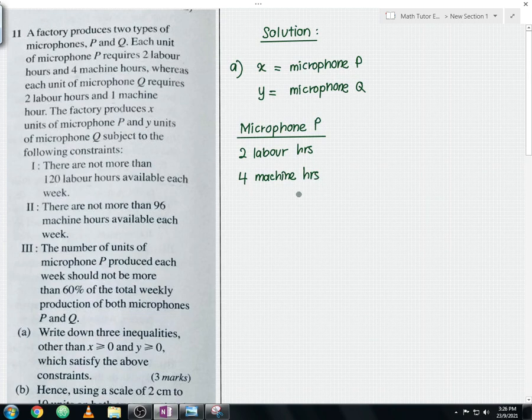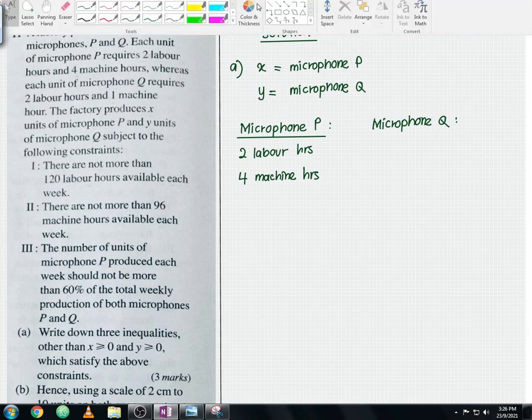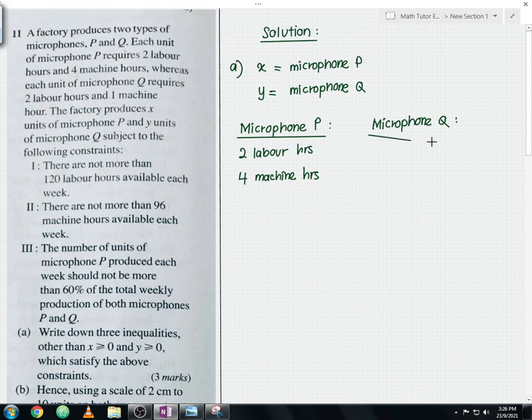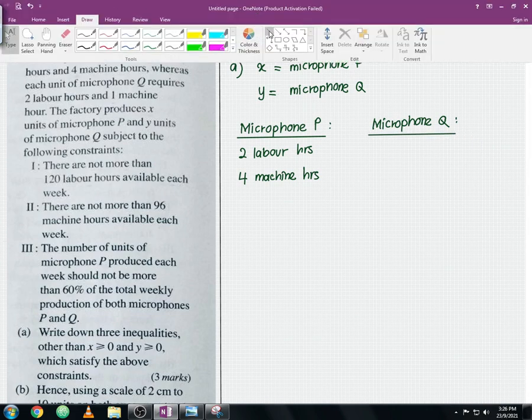Whereas for microphone Q, I'm going to continue beside here. Microphone Q, let me underline. I can make a vertical line over here for the comparison.